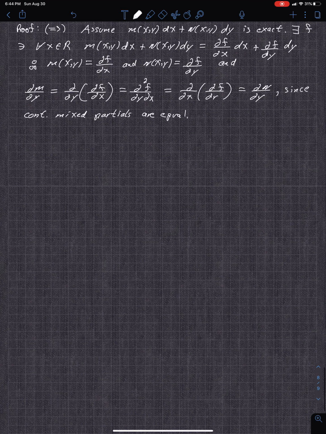So the other direction, you can take a look at. They go through it maybe slightly differently in the book, on pages 60 and 61. This is more for Nagel.